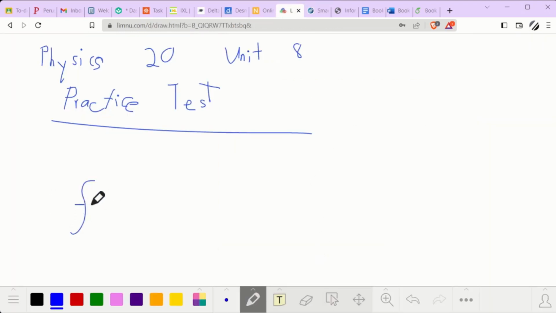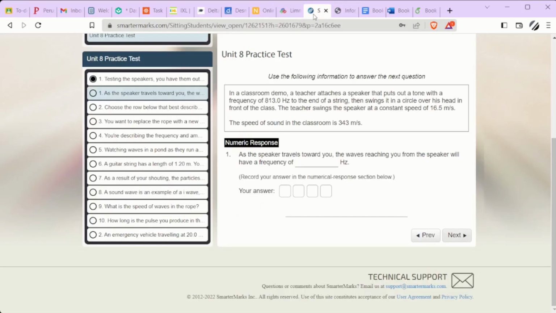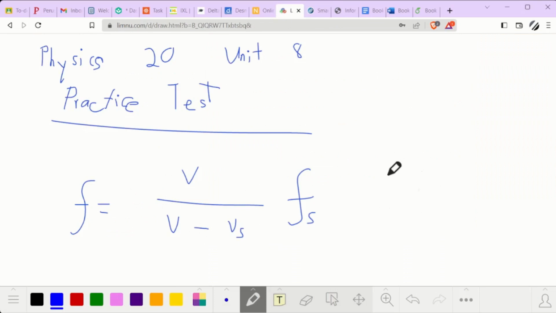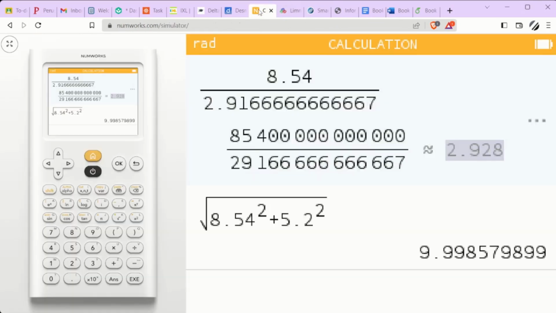So then the observed frequency, we have to figure out whether we have a plus or minus in here. We want to have a higher frequency. That means we need a smaller denominator. That means we're subtracting. So we're going to take our 343 and divide it by 343 minus 16.5.